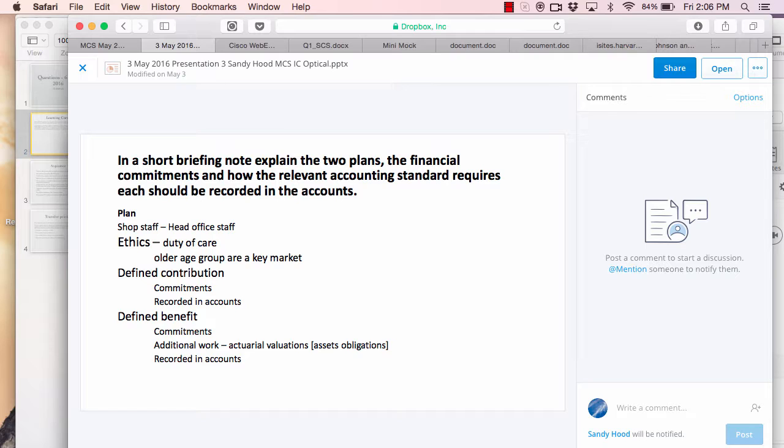Right. The reason I'm asking about IAS 19 is because I want to apply it in a more strategic sense. So he's got you to explain the technicalities, right? And he wants you to apply that in a technical sense, your technical knowledge he's testing.